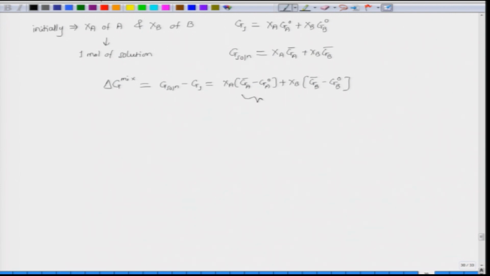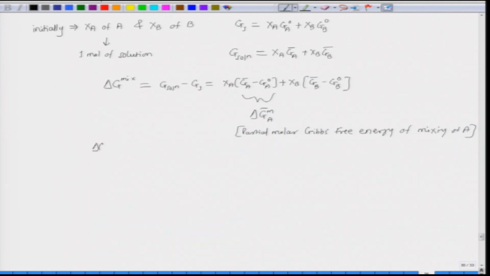What is this quantity? GA bar minus GA0. So, it is basically the change in Gibbs free energy associated with A when it goes from pure state into the solution. So, this we can call as delta GM A bar, or partial molar Gibbs free energy of mixing of A, right.